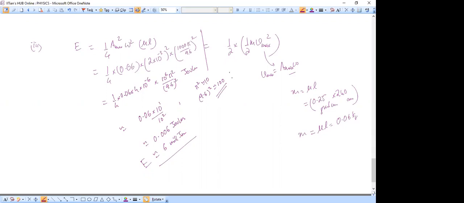Actually, it is around 92.2, but I've approximated it as 100. So energy of a standing wave, remember I told you last time, 1 by 4 linear mass density into the length of that part into omega square into the antinode's amplitude.